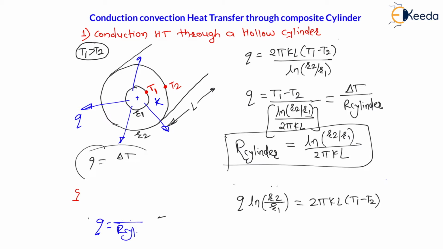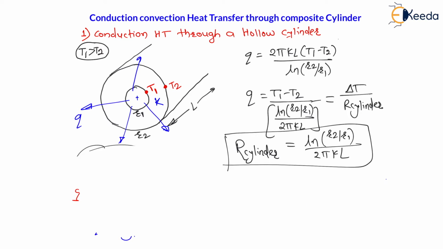Now my dear students, we got R cylinder equal to ln of R2 divided by R1 whole divided by 2 pi KL. Now let us observe this R cylinder. This much is called the thickness of cylinder, where thickness is equal to R2 minus R1, the radial difference.